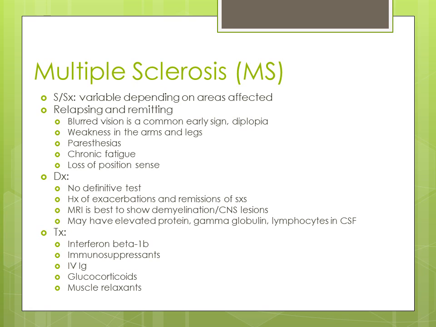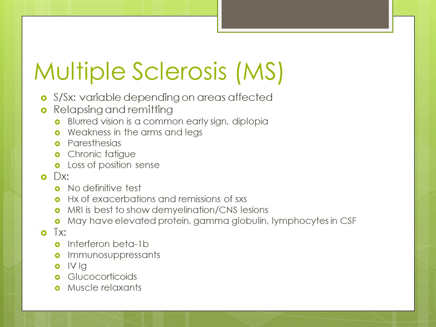On MRI, they can see the demyelination and the CNS lesions, and they may have elevated protein levels, gamma globulins, and lymphocytes in the CSF. So they will also oftentimes do a lumbar puncture to put that information along with their history and potential imaging findings to make a diagnosis.